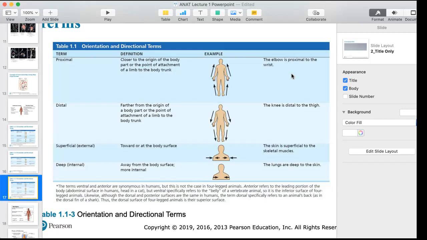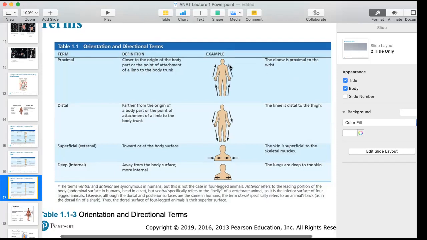I know that's a terrible example. For whatever reason, I'm blanking on it, but it's closer to the origin of the body. Again, it's kind of hard to put examples of this on the quizzes and exams, so what I'll probably just do is ask you for the definition. And distal is going to be away from the origin of the body, which again, I'll probably ask you more of the definition, not an example.